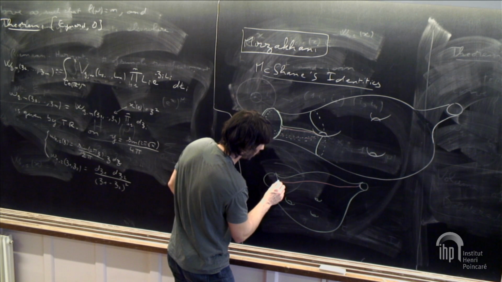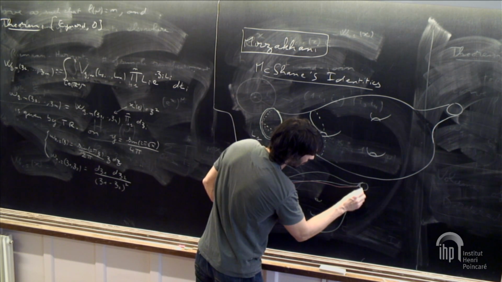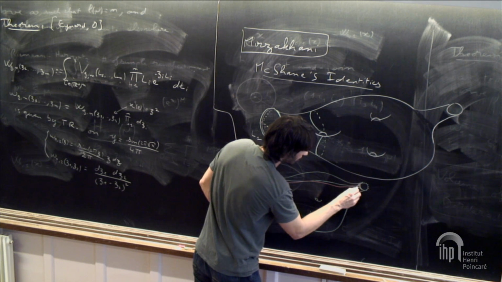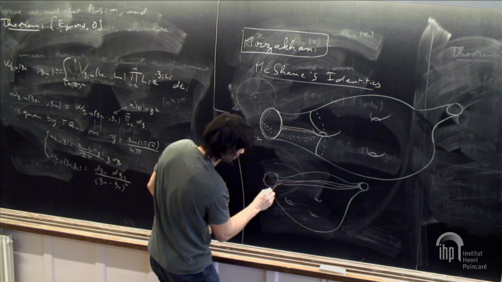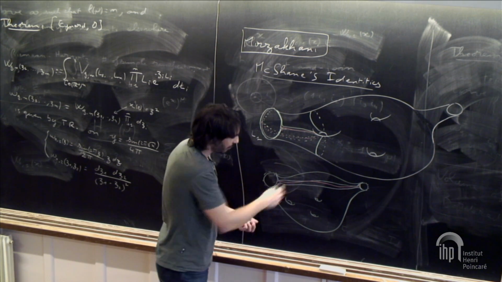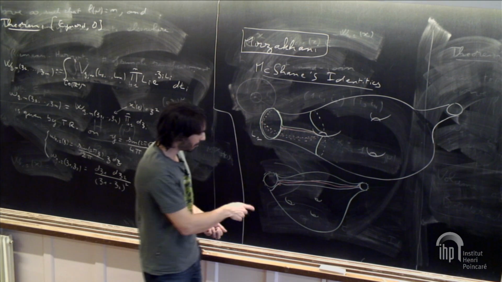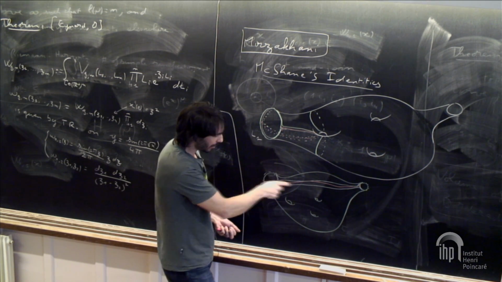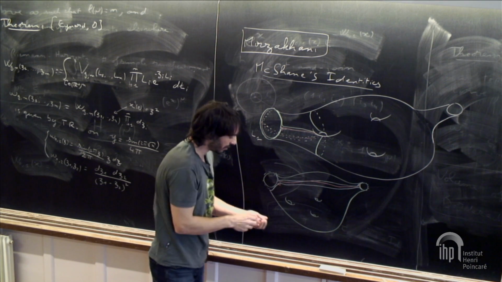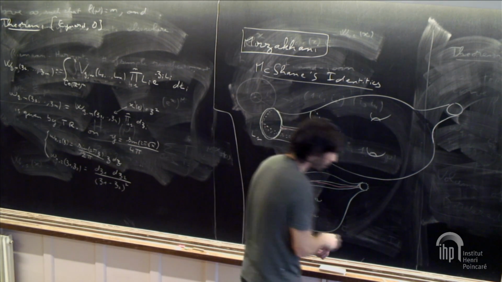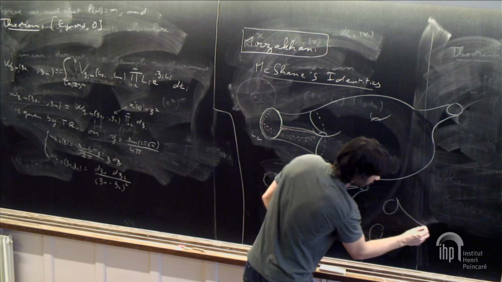What you will see if you do the drawing appropriately, up, come back here, is that it defines for you, once again, a pair of pants embedded in your surface. But now this pair of pants has two boundary components in common with the boundary components of your surface and another one which is inside. So one way to draw it is to say that I have two boundary components here.